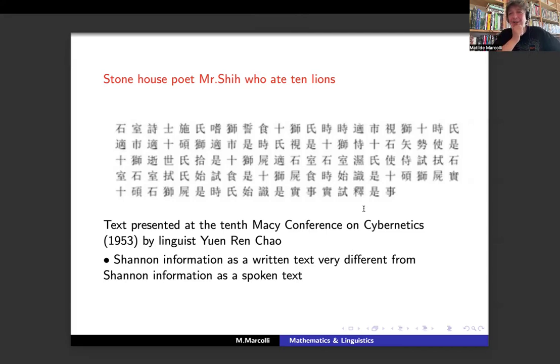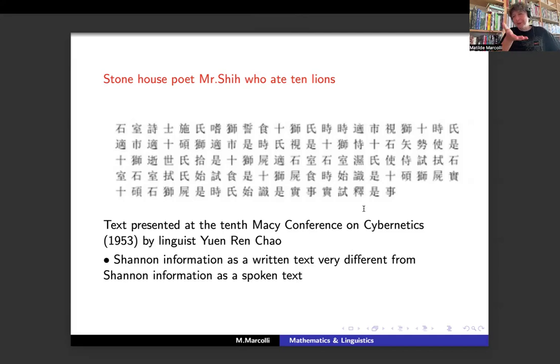This is a short story in Mandarin, and the story doesn't make much sense, but the written text has a lot more information than if you think of it as a spoken text, where the only information you're left with are the tones, because all the other things are the same.